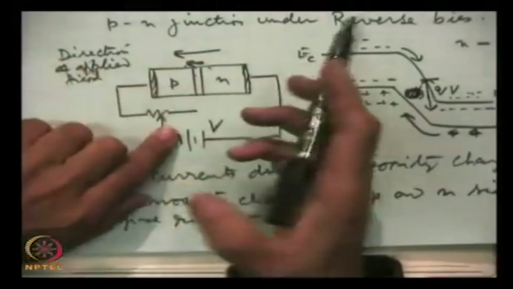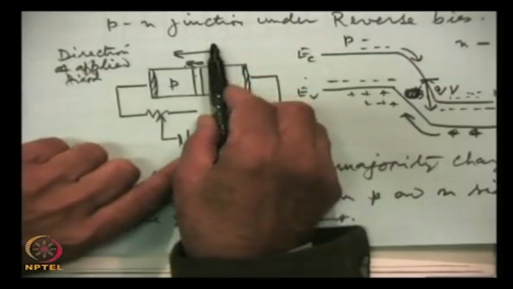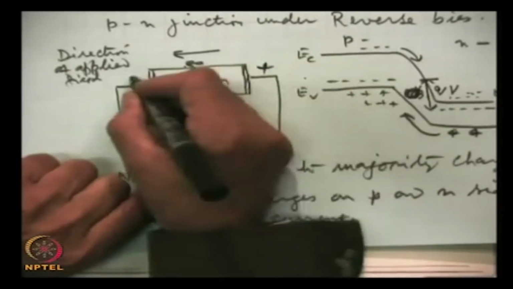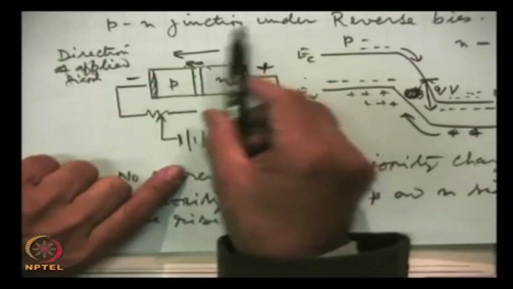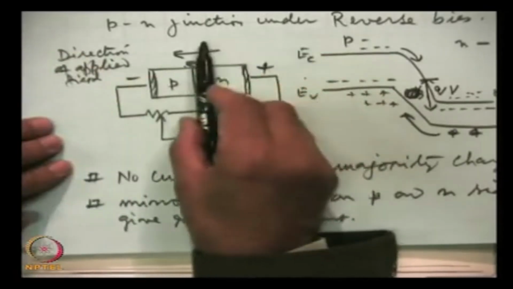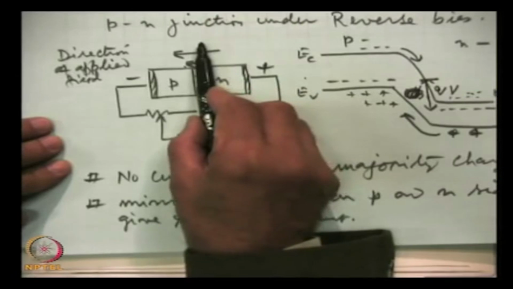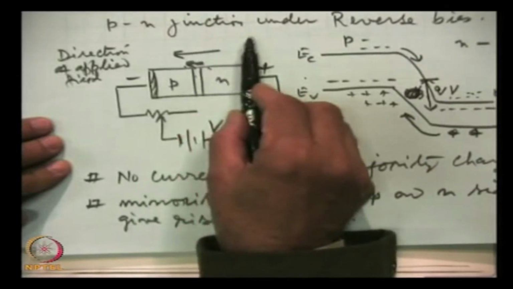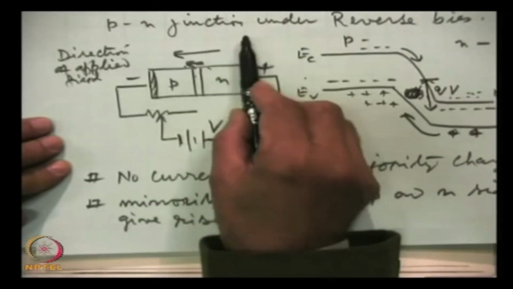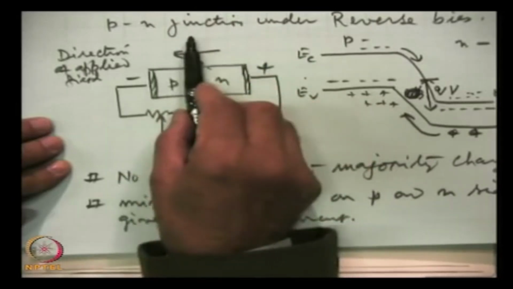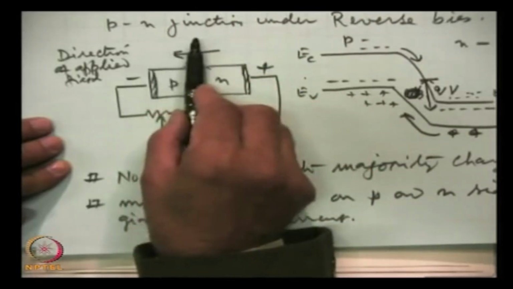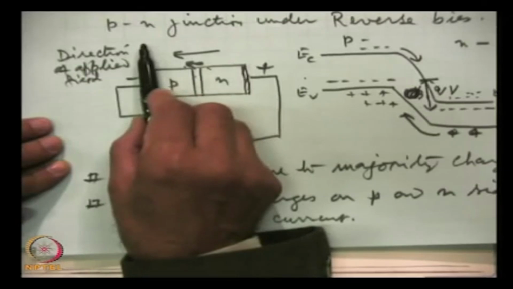Here, look at the polarities: the positive field here and negative field here. This will pull apart more majority charges, electrons will move towards the electrodes. Similarly, holes will move away from the junction.